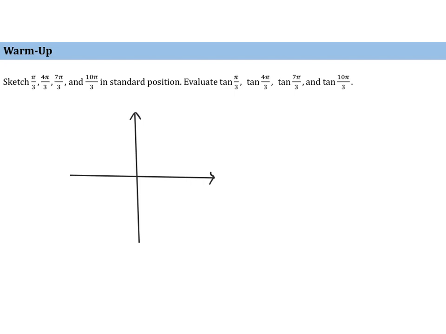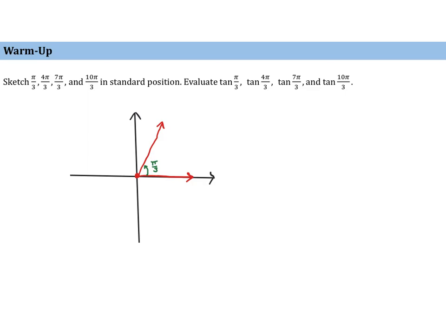To illustrate this one, I'm going to draw all our angles on the same set of axes. So if I'm to sketch pi over 3, that's a first quadrant angle. It's a third of a pi. So there's pi over 3.